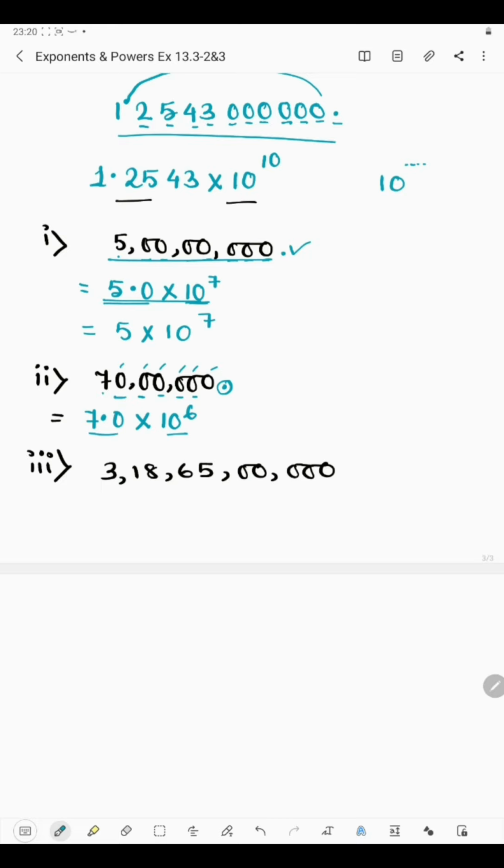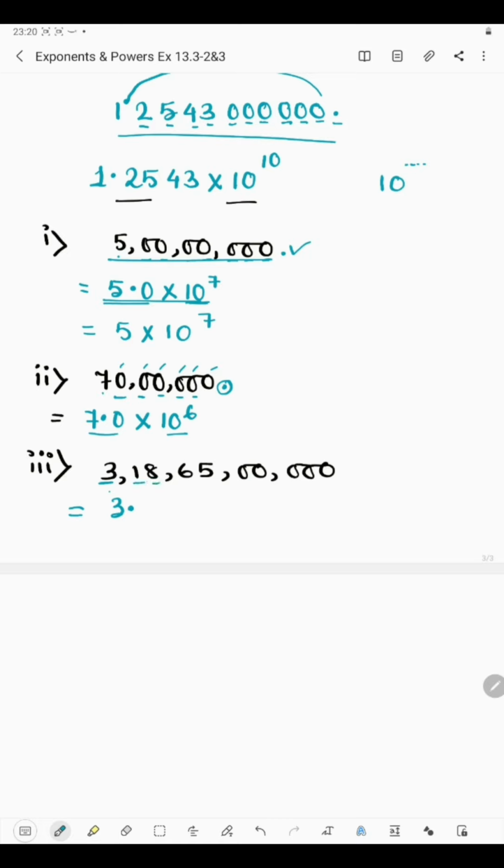Now in the third part, we have 3, 1 8, 6 5, 0 0, 0 0 0. As you know, the point we will put here, and before the point we will just keep one digit. So here the one digit is 3. So here we will put 3, and after this whatever digits we have other than 0, we will have to put that.